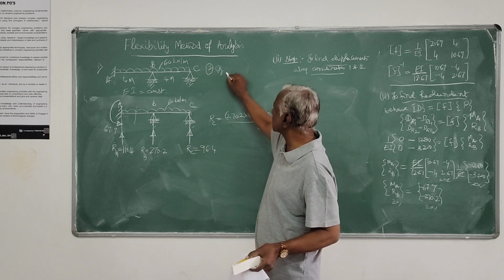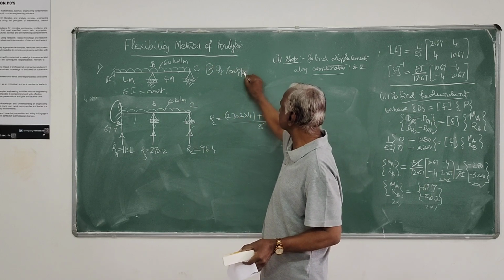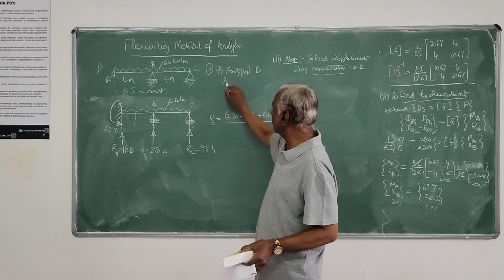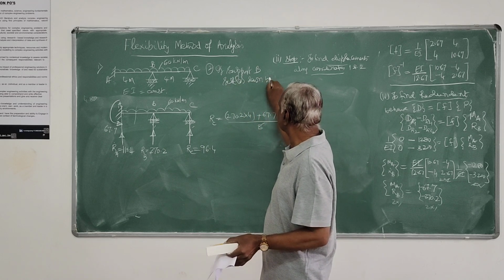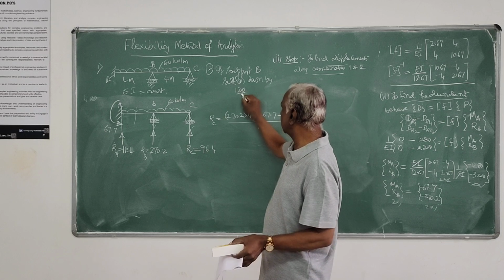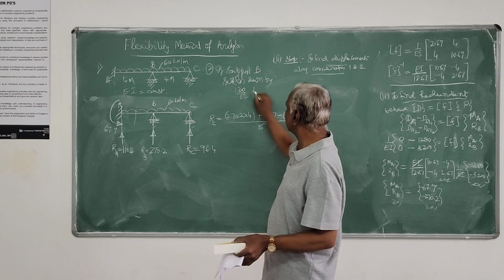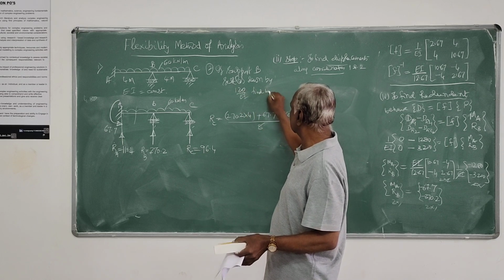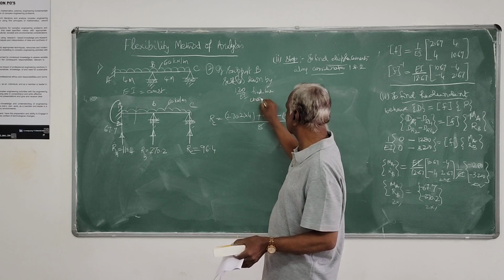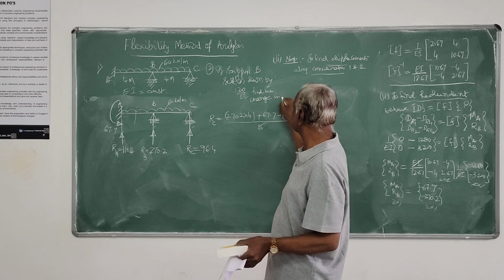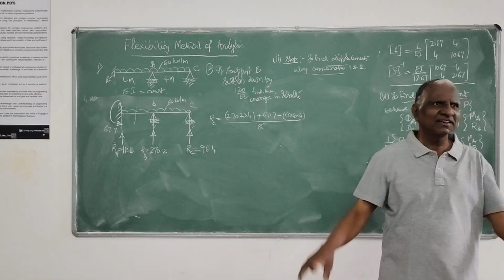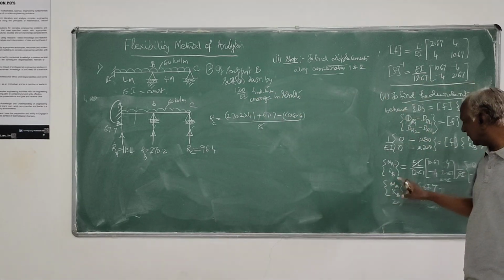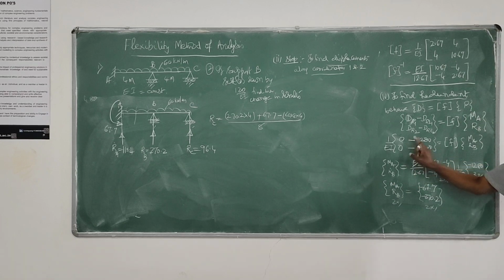You can take it as if support B settles down by 120 by EI. Find the change in results. So I told you already, the change occurs only at this position.